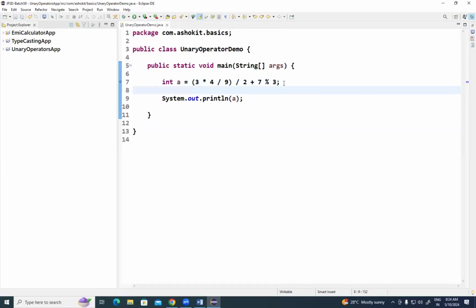What output are you getting for this? Online folks, what is the output of this expression? Can you tell me?